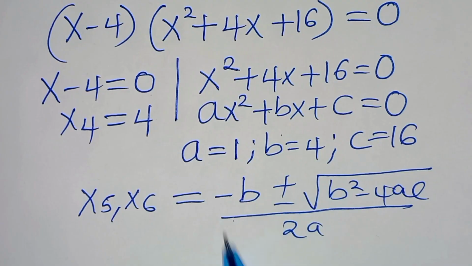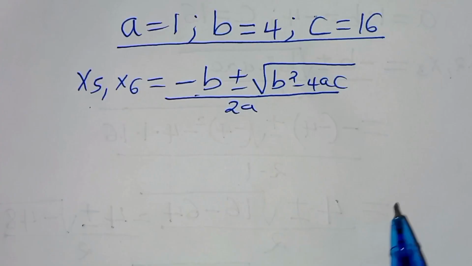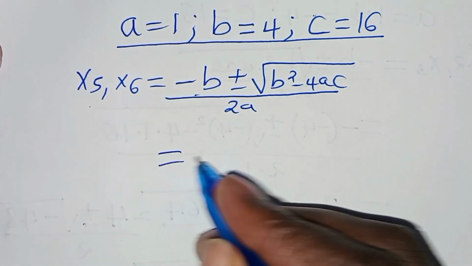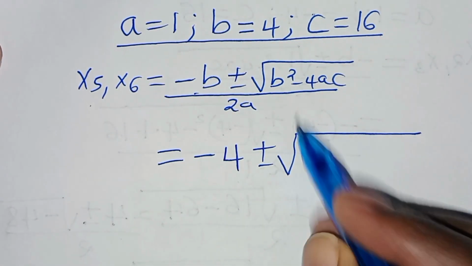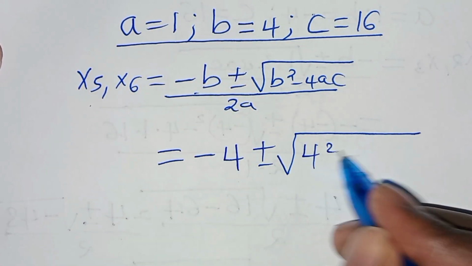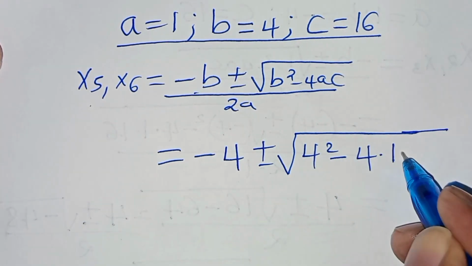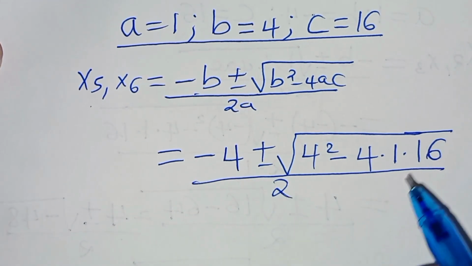So let's apply this. Let's substitute the values of a, b, and c. So substituting the values of a, b, and c, here we'll have minus 4 plus or minus the square root of b squared, which is 4 squared, minus 4 times a, which is 1, times c, which is 16. All this divided by 2 times 1.